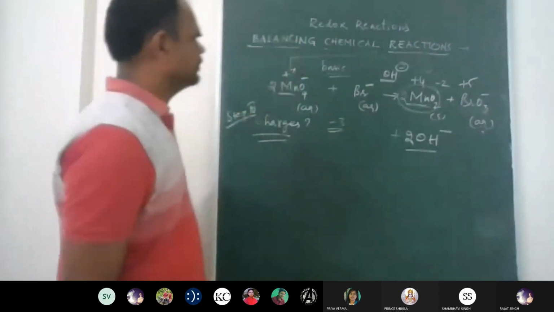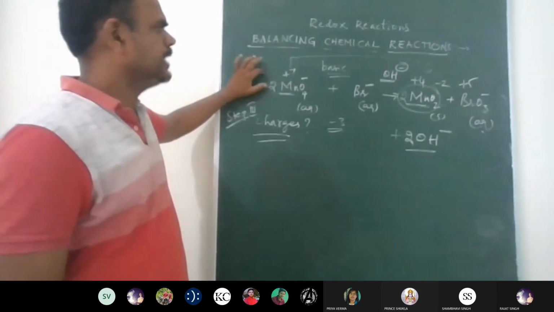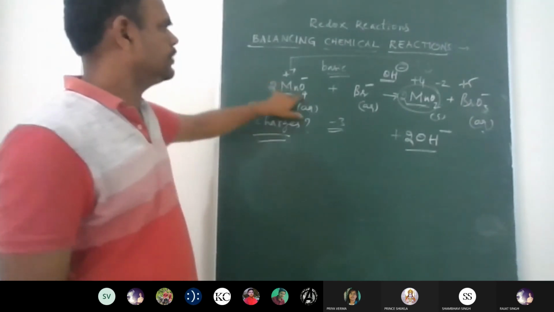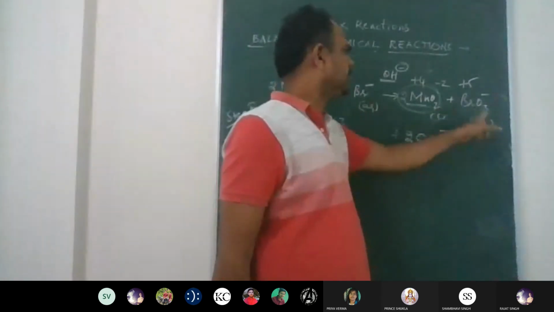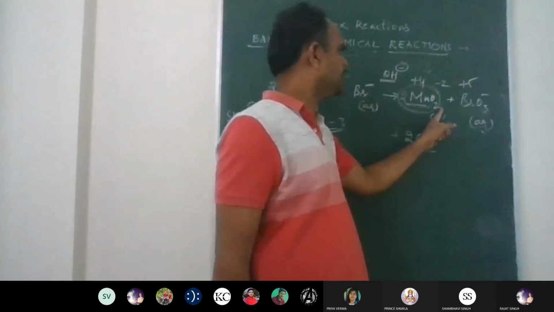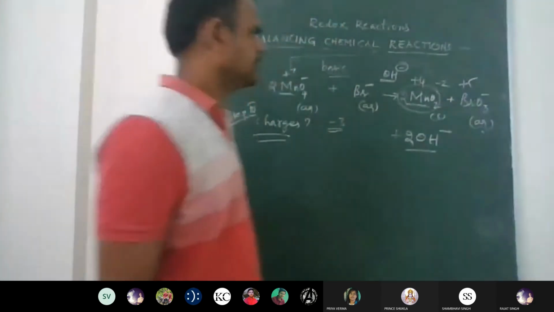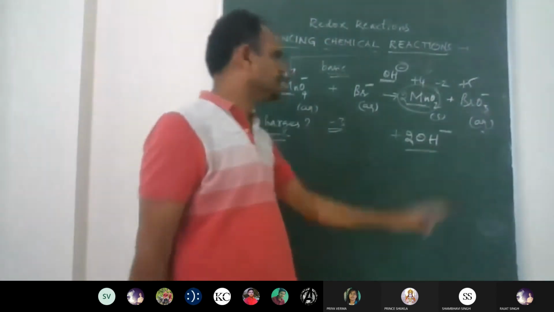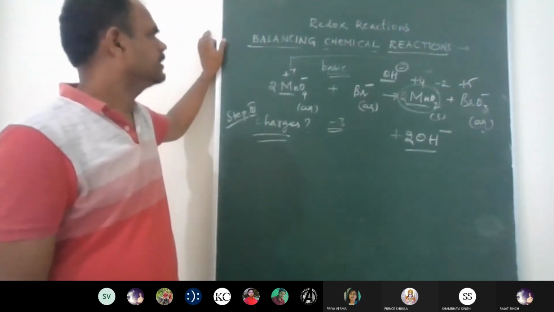But check the oxygen atoms. On the left side, 2 into 4, how many? 8. On this side, how many? 2 plus 2 into 2, that is 4. 4 plus 3, 7. 7 plus 2, how many? 9.